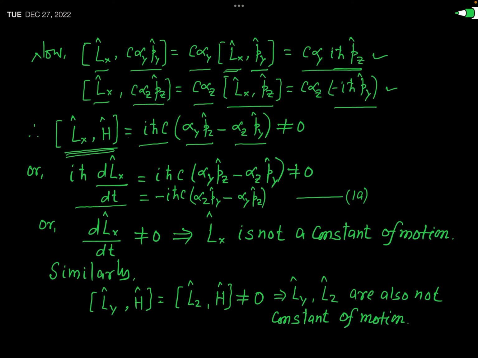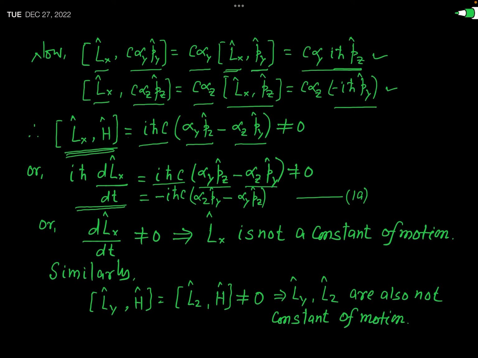There you will find it, and you know that the commutator of Lx hat and H hat is equal to i h bar dLx hat by dt. And since this commutator is equal to this much, you can write i h bar dLx by dt is equal to i h bar c times (alpha y pz minus alpha z py), and this is not equal to 0.